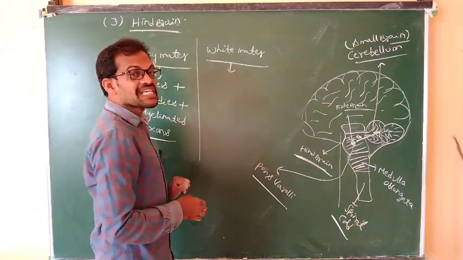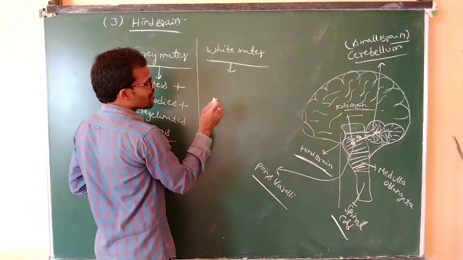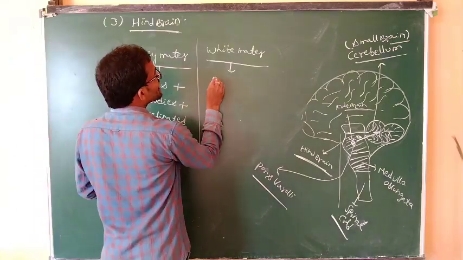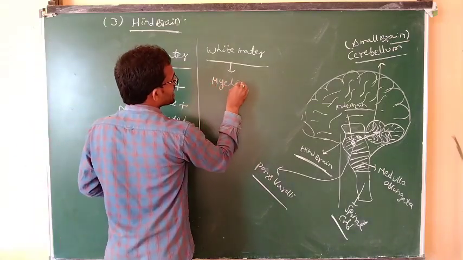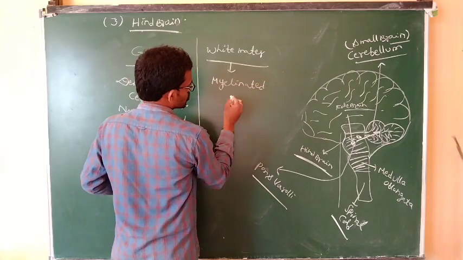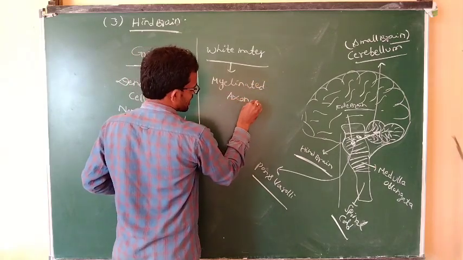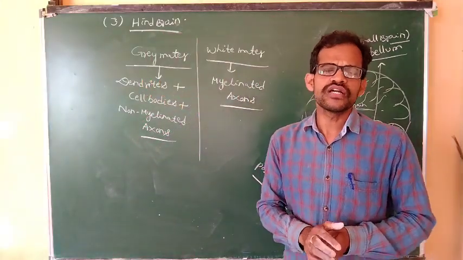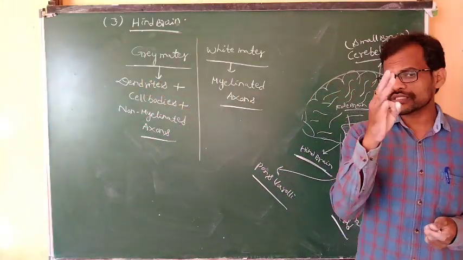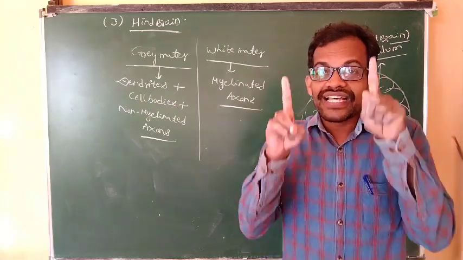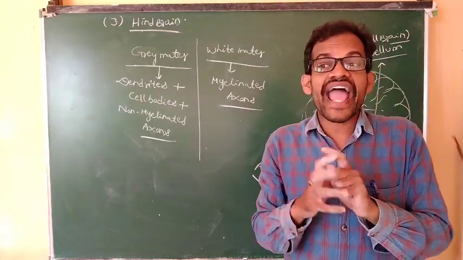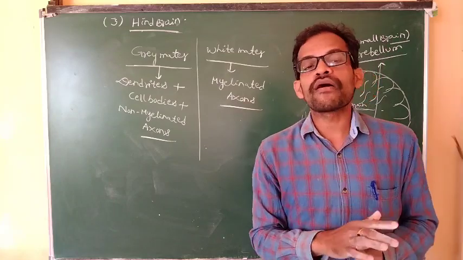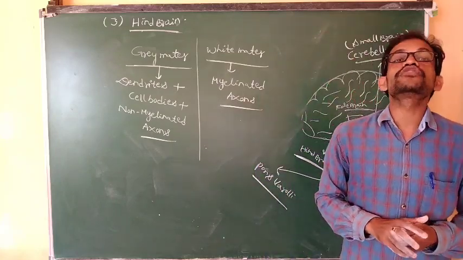White matter consists of myelinated axons. The axon is the third part of the neuron. The axons are surrounded by the myelin sheath, which is phospholipid.